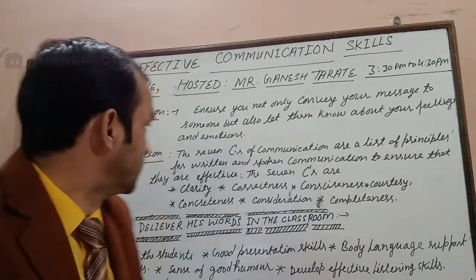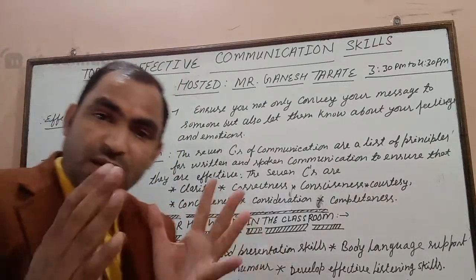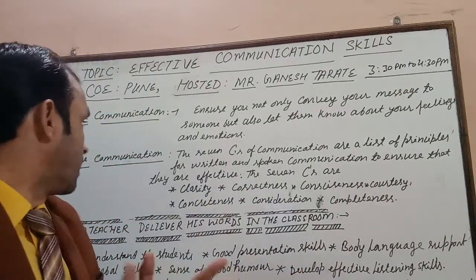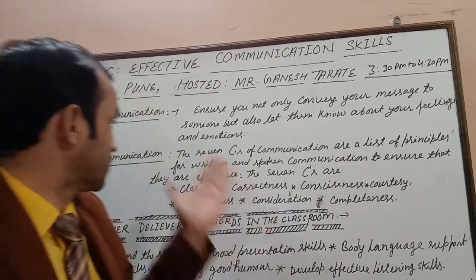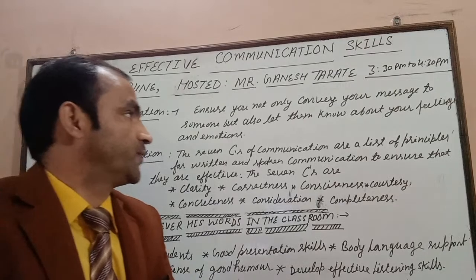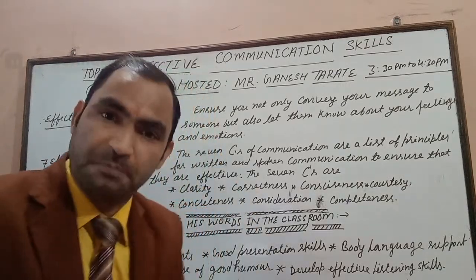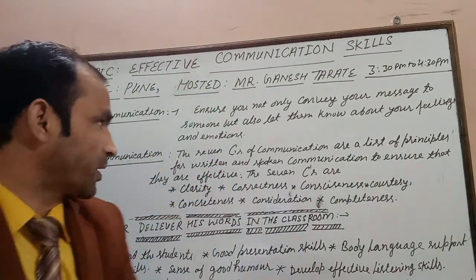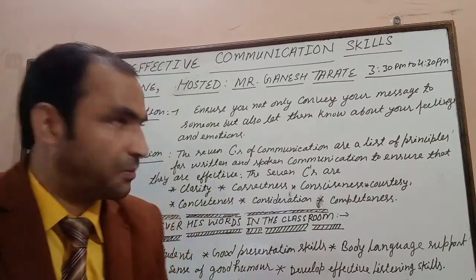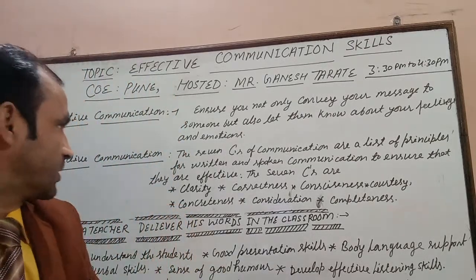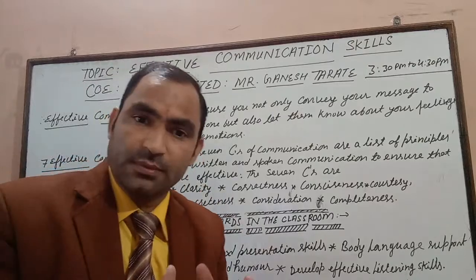Dear fellow, there are 7 C's of effective communication. The 7 C's of communication are a list of principles for written and spoken communication to ensure that they are effective.